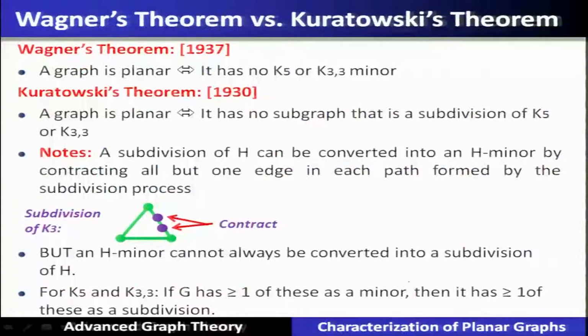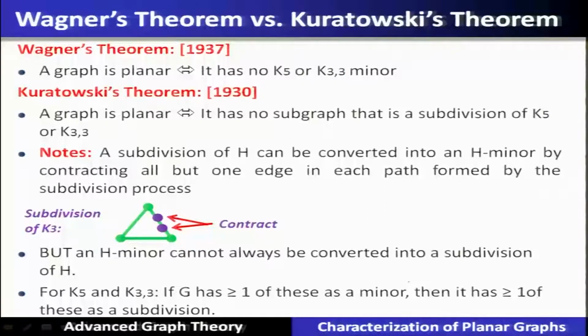Now, let us see the difference between these two theorems, that is given by Wagner and Kuratowski. Wagner's theorem is stated in 1937, much later than Kuratowski's theorem, which says that a graph is planar if and only if it has no K5 or K33 as its minor.